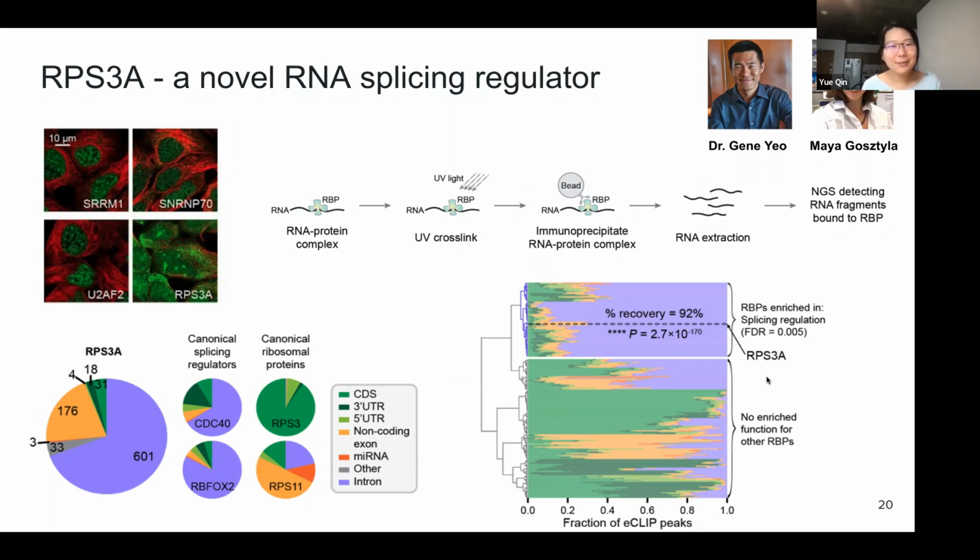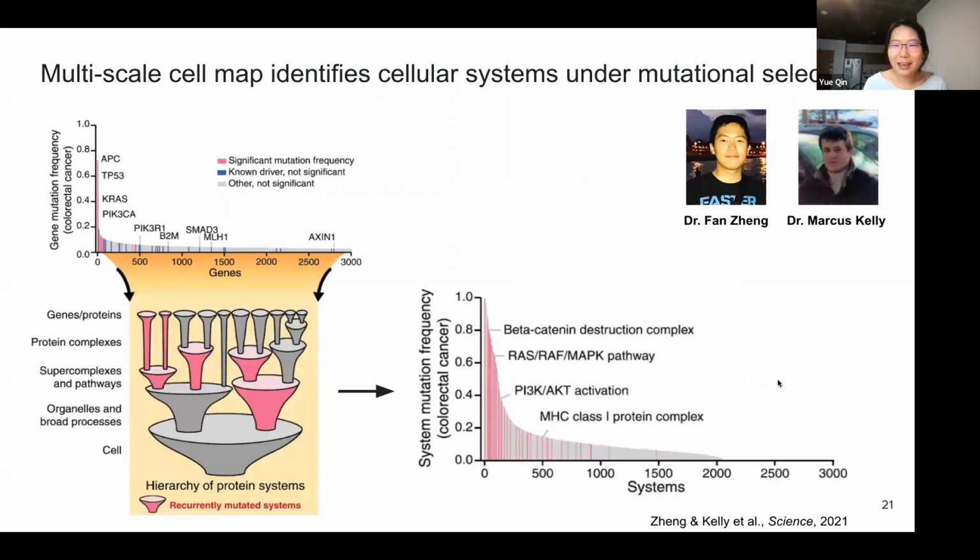So that is an illustration of the biological insight you're able to get from such a map. What other things are we able to do with this kind of multi-scale map? Another study from Edgar Lab, led by Dr. Fan and Mark, is using such a multi-scale map to identify protein systems that are under mutational selection in cancer.